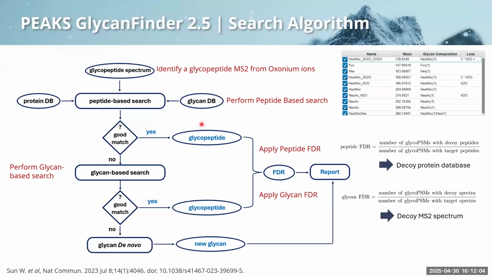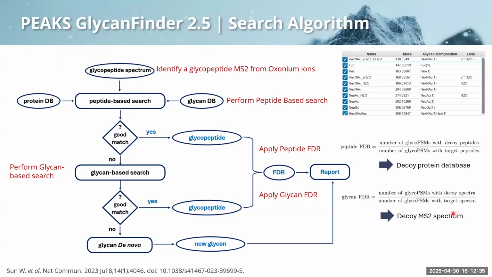Once you have all your reported glycopeptides from the database search, FDR control will be applied at both the peptide match and the glycan match. For the peptide FDR, we use more of a traditional target decoy method with a decoy protein database. But with the glycan FDR, it's a little bit more complicated to do a target decoy calculation with a decoy database just because of the structure diversity.